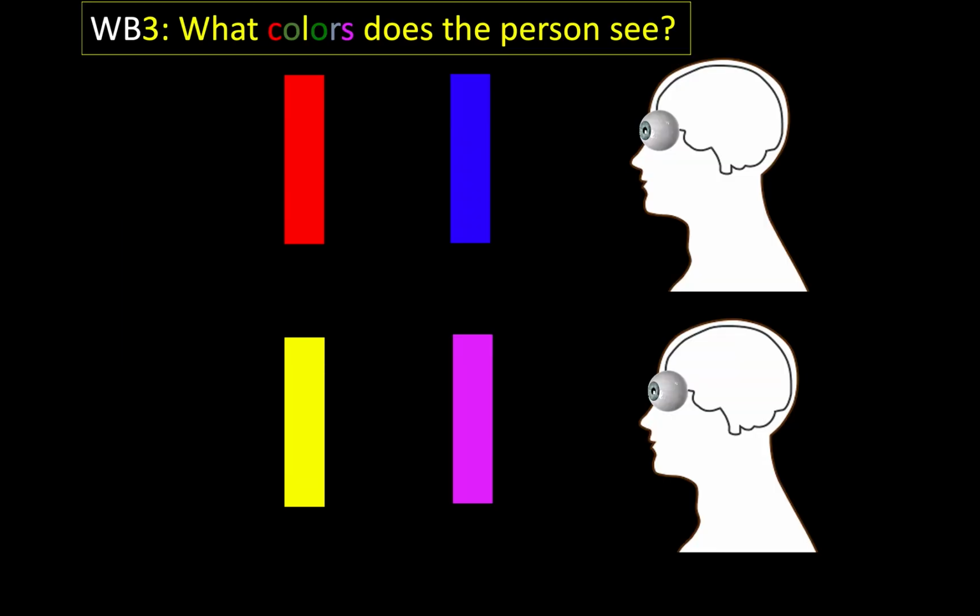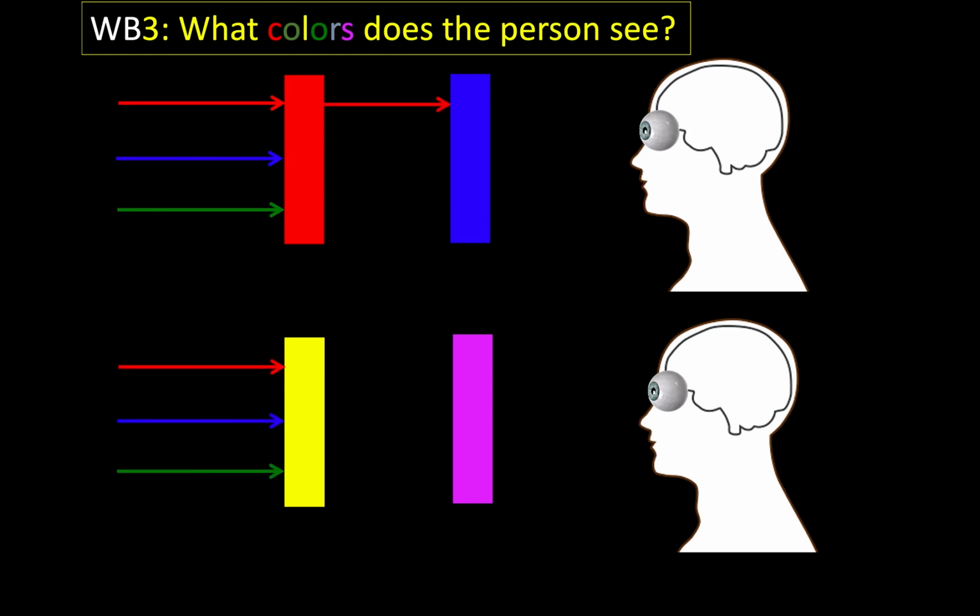Okay. So here we're stacking up filters. So here is, if we have white light that is passing through a red and a blue filter, you just have to think of them one at a time, and it doesn't matter which order. But the red filter would absorb the blue and green and let the red pass.